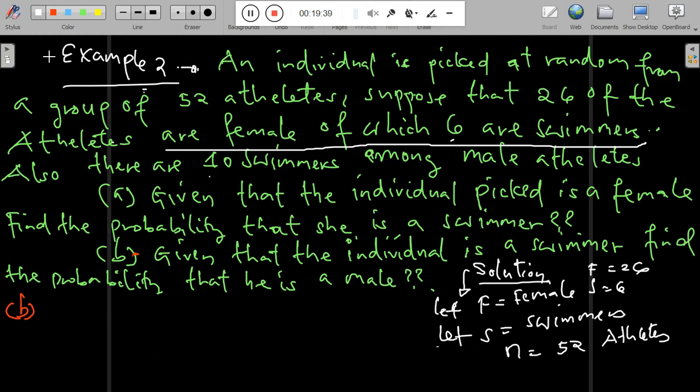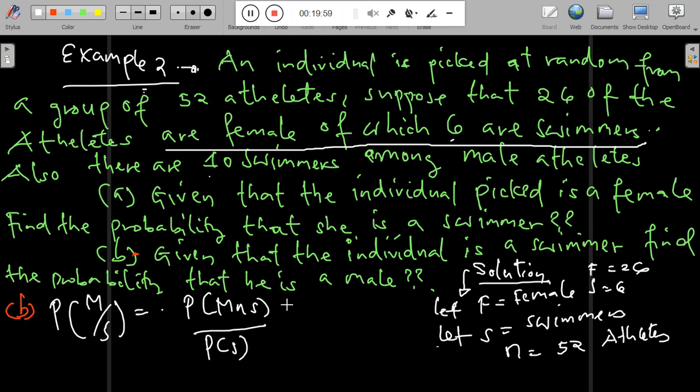If you remember, the total number of females were 26 and swimmers were 6. But we need to find the probability. So when we take the probability of M, that is male intersection swimmer, divided by the probability of a swimmer, we need to cross-check the probability of M intersection S. So let's first find the probability of swimmer.